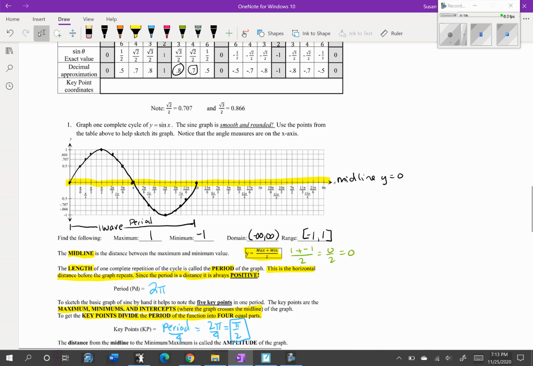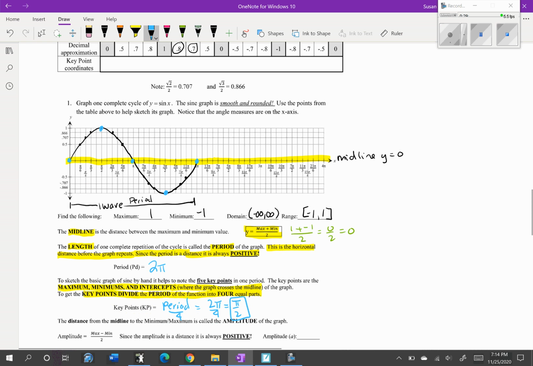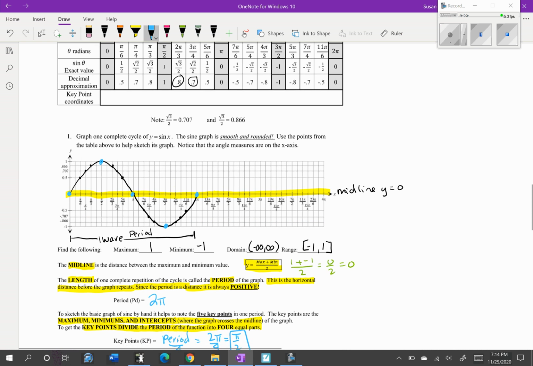So these give us the key points. The key points, again, are the place where it crosses the x-axis or the midline, because you might have transformations, the maximum points, here's the other place where it crosses, and of course the minimum point. So notice that there are 5 key points in one cycle.